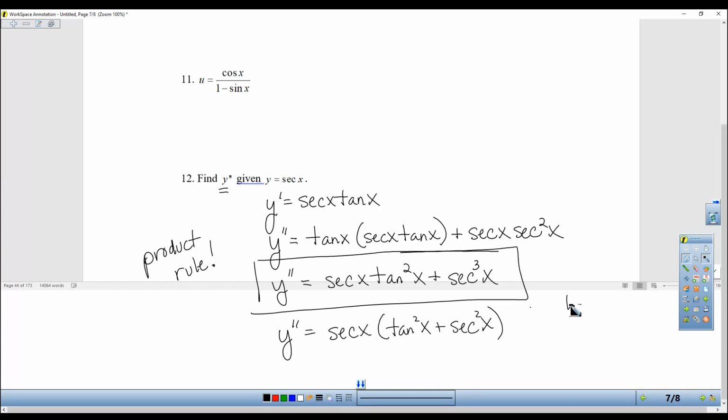The rule is 1 plus tangent squared x is equal to secant squared x. So unfortunately, to get 1, you need secant squared x minus tangent squared x. But if you were even thinking that something good was going to happen from factoring and getting 2 squares, that was still the right train of thought because that's going to happen in the future. But in this particular case, it doesn't help. Okay.